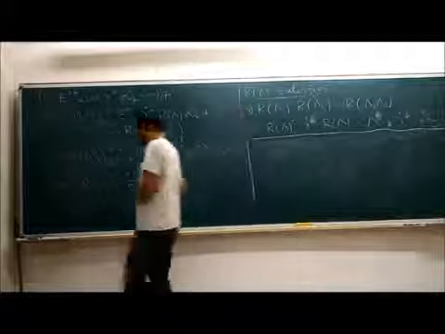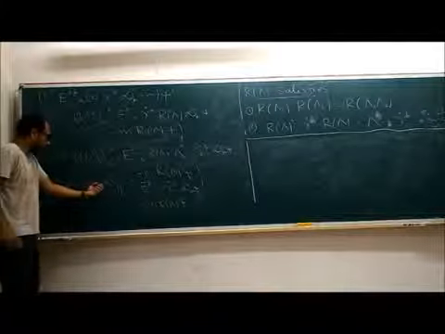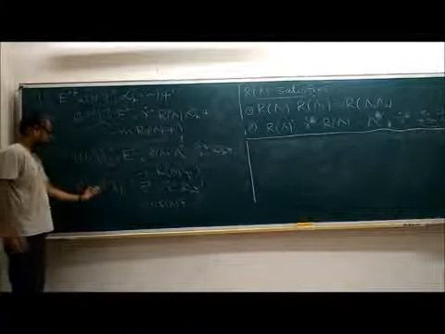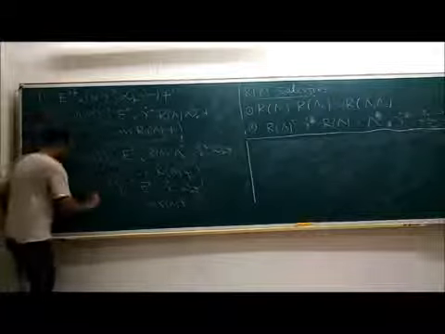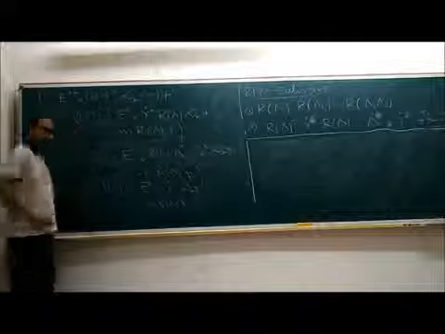And now you are almost done. Lambda transpose eta lambda is eta, because lambda is a Lorentz transformation matrix. So this is eta, and eta square is identity.